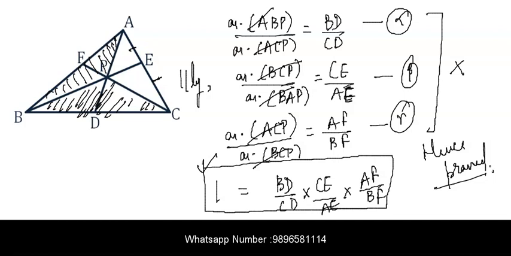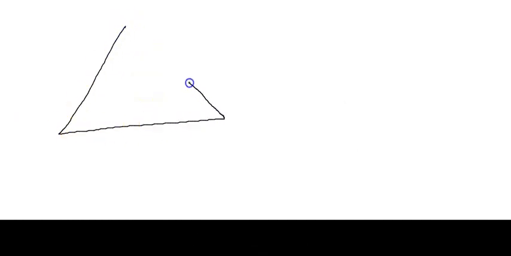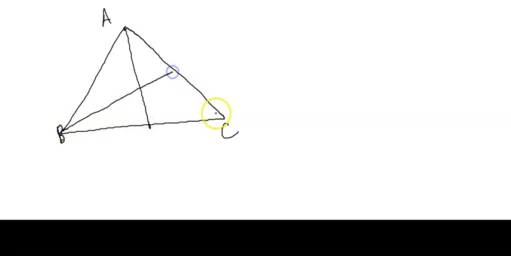And we can use this theorem many times. Let us try one question based on this. Suppose we have a triangle ABC, and these are points P, Q, R. This is 2, this is 3, this is 4, this is 3, and this is 5.